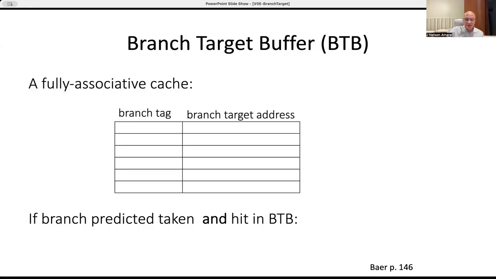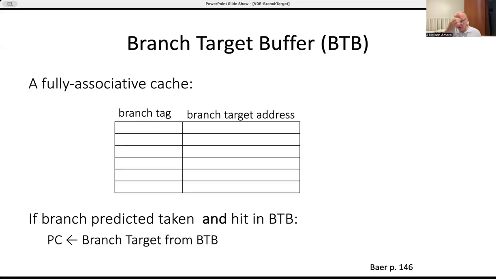So in this case, now that we have this cache-like structure, if the branch is predicted taken and there is a hit in the BTB, so we need to consider that the first time that we execute a branch, the target of that branch is not going to be stored in the BTB. I will have to compute that target, but once I compute the target, I can add that entry to the BTB, and now I will have a branch tag associated with the target of the branch in the BTB, and now I could have a hit.